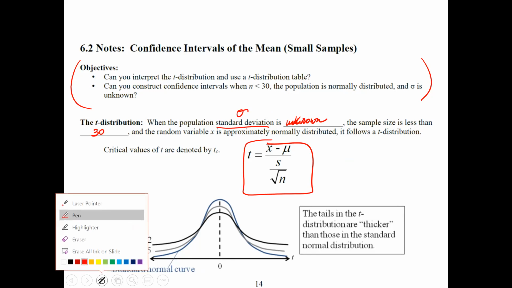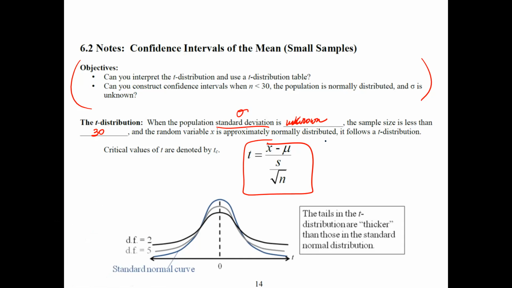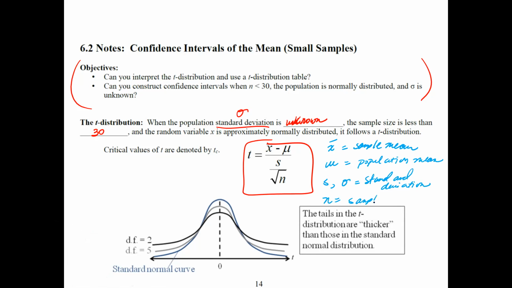If you're wondering, there's a lot of numbers or letters there, what do they all mean? This is what they mean. X bar is going to be the sample mean. And you want to copy that part down. The mu is going to be the population mean. The S, or the little squiggly thing, is obviously standard deviation. N is going to be the sample size.